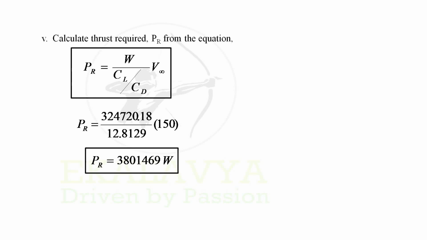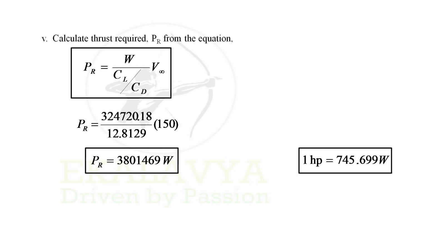And calculating, we get PR as 3801469 watts. If you want to convert it in terms of horsepower, 1 horsepower is equal to 745.699 watts. So PR in horsepower after conversion will be 5097.853 horsepower. The power required PR obtained from step 5 is the power required to fly at velocity 150 meter per second chosen in step 1.